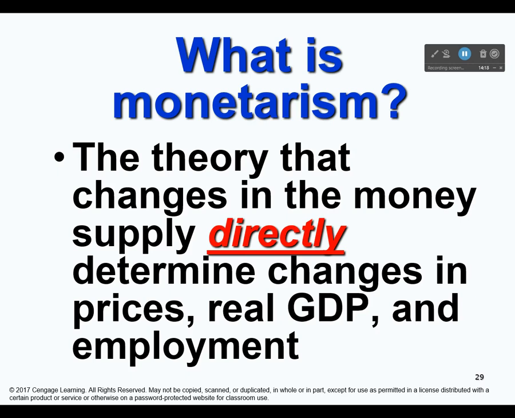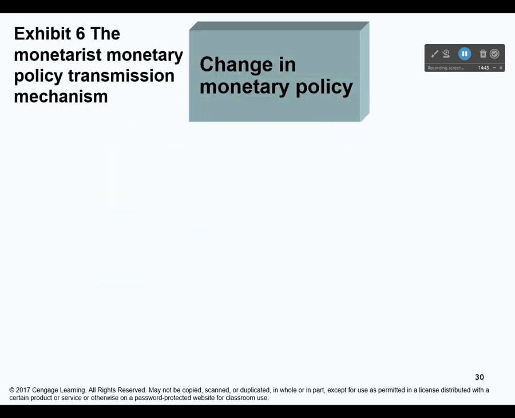Instead of affecting them indirectly through investment spending, as in the Keynesian model, monetarism says it directly affects those things, and that is through what we call the monetary policy transmission mechanism.